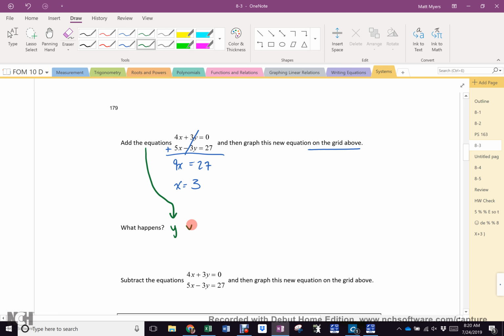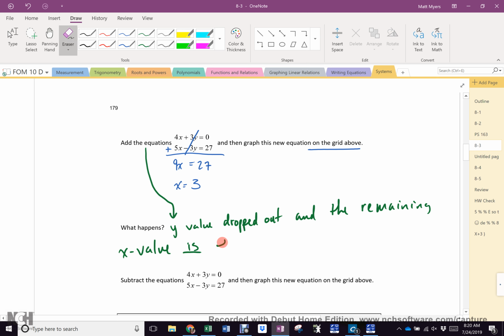The y value dropped out. And the remaining x value is half of the solution.